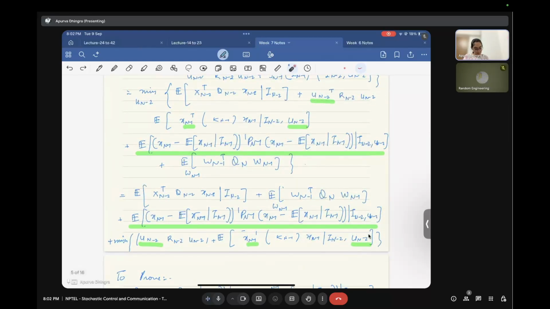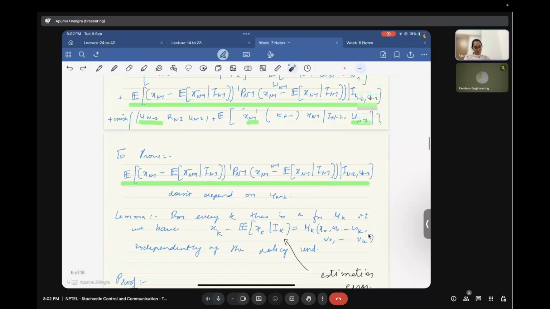So for the time step n minus 1, it does not depend on the action previously taken to get there. The error does not depend on the action. The individual states obviously do depend, but it's the error, the state and the estimation of the state, that is not getting affected by the action. Meaning, this difference comes because of the noise in the problem itself. It's an intrinsic thing. It's not happening because of the actions taken. It's not the effect of the action that is getting accumulated over the next steps.